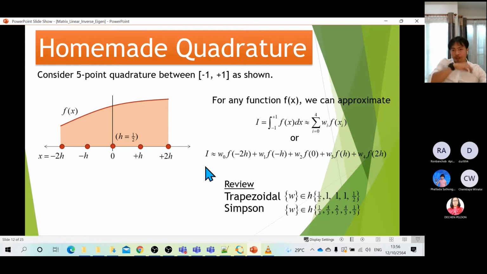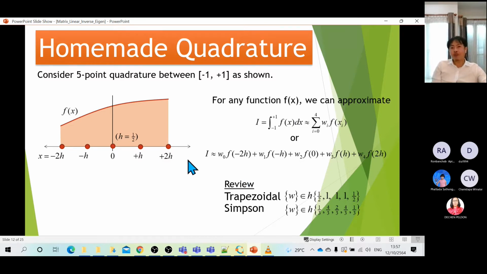Now, for any function f of x, I can approximate the integration in that way. I can sample the function at the 5 points, f(xi), multiply by the weight wi. I should get the sum, and that summation should be equal or approximately equal to the integration of that function.